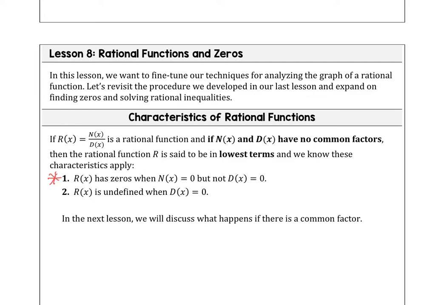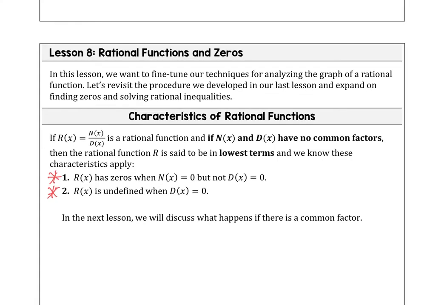And we know that r of x is undefined when the denominator is 0. So these are two important facts. When the numerator is 0, that's going to be zeros of the function. When the denominator is 0, we're going to find out that that is going to be a vertical asymptote. In the next lesson, we'll discuss what happens if there is a common factor.